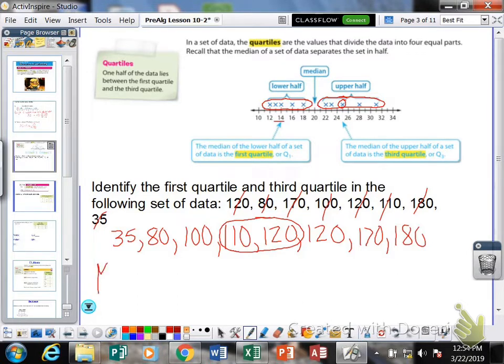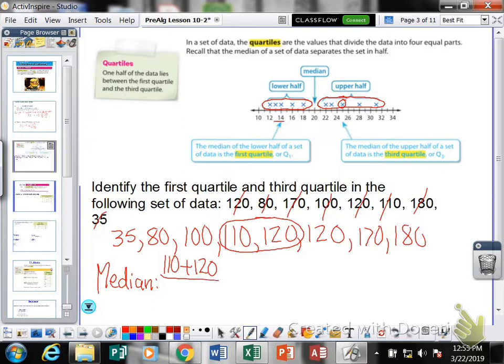So to find my median, do 110 plus 120 all over 2. And that's going to give me a median of 115, right here in between 110 and 120.